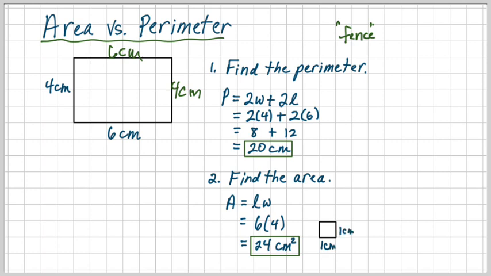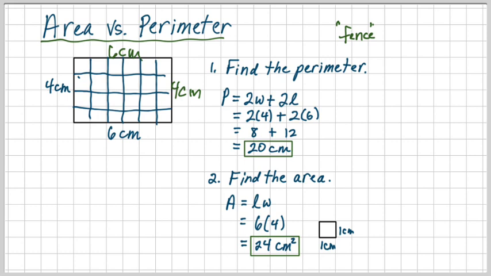And notice that's how many squares 24 would fit inside this figure. You could actually see it by doing this. And so this is why area is always square units. We're really counting the number of 1 by 1 squares that would fill the inside of a figure. And so that's why we say 24 square centimeters.